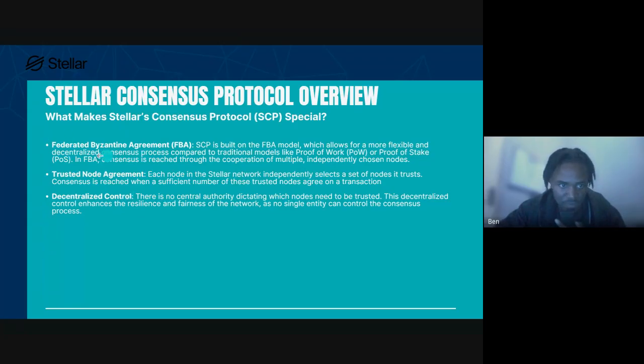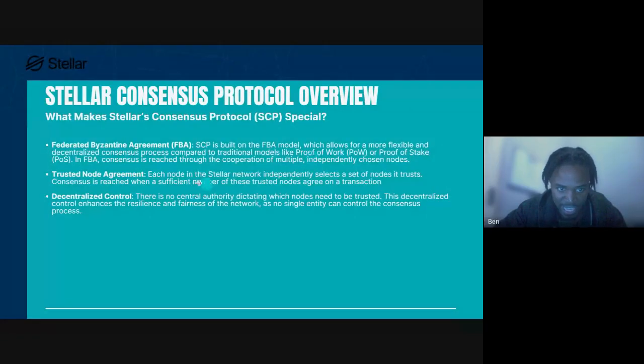One of the things that makes it special is it uses a federated Byzantine agreement. So Stellar consensus protocol is built on this model. Something also, like yesterday, I recommended you to go read about. So it's based on the FBA model, which allows for a more flexible and decentralized consensus process compared to traditional models like proof of work or proof of stake.